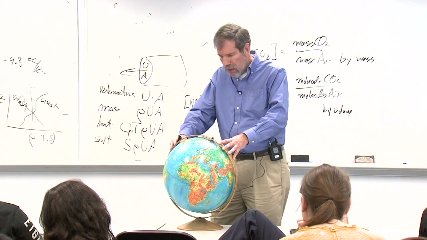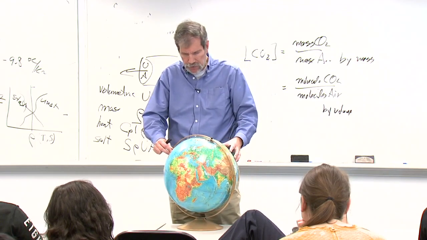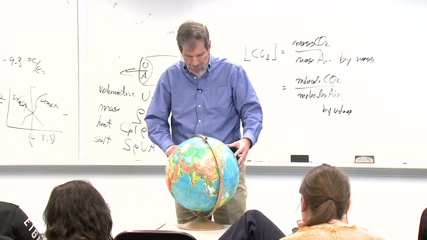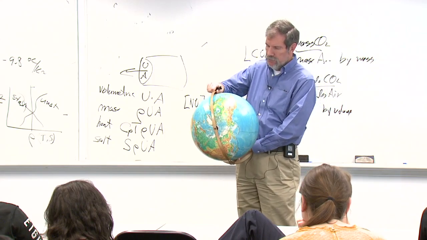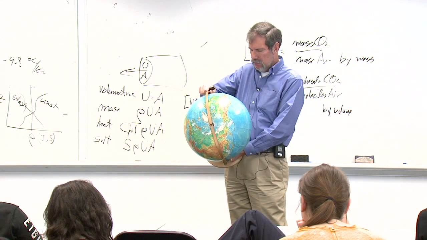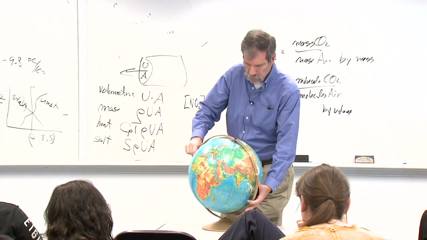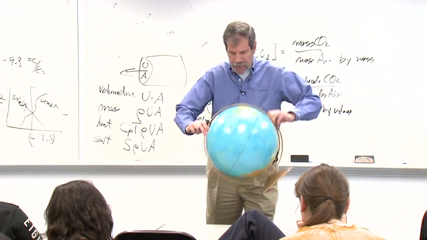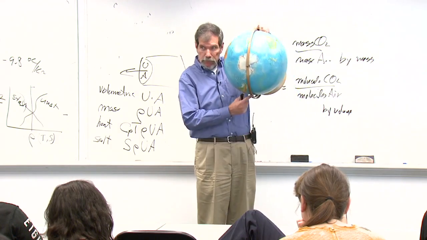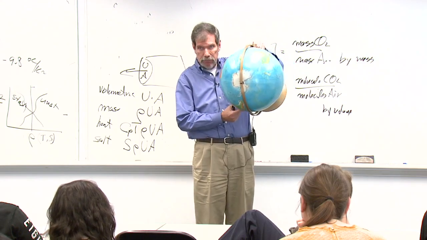Now, are there any other aspects of symmetry? Well, one thing that's different between the two hemispheres is the amount of land. If you look at that one, there's a fairly large fraction of land. If you look at it that way, there's much less land.